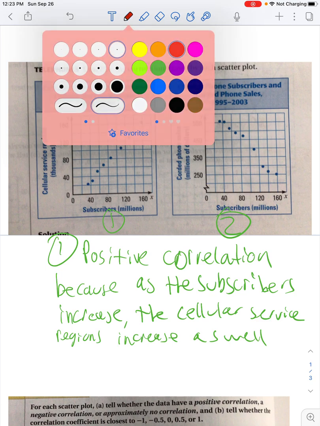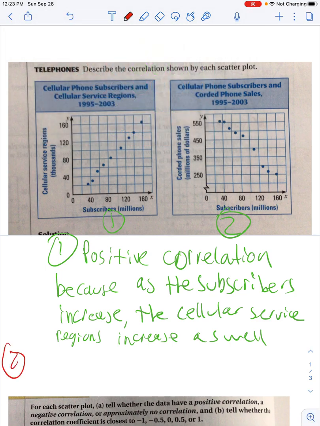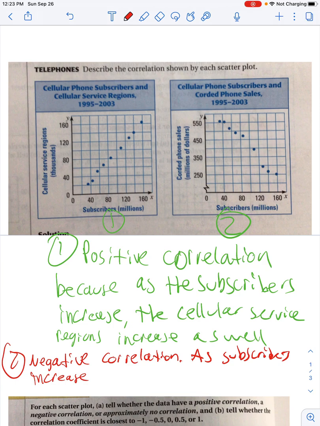And again, that's vice versa, or the opposite, as we look at number 2. This is a negative correlation because as subscribers, which is my x, on my x-axis, my x values, increase, going from 40 million to 80 million to 100 million, my corded phone sales are decreasing.